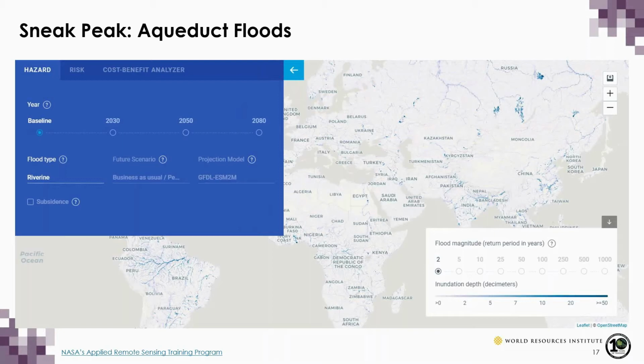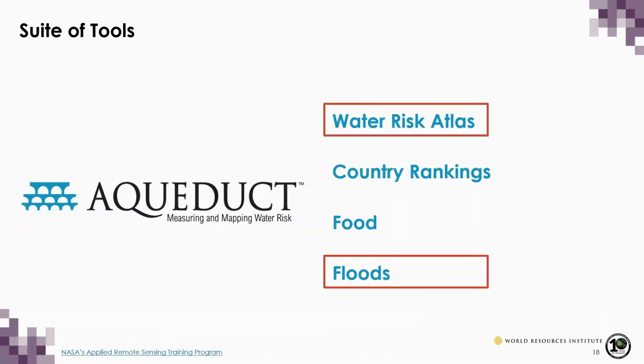With this tool, you can identify coastal and riverine flood risks and analyze the costs and benefits of investing in flood protection. So based on these descriptions, I'd say that the Water Risk Atlas and Aqueduct Floods are the most relevant tools if you're interested in exploring disaster risk management. So let's walk through both of these tools and explore how you may use them in your own work.